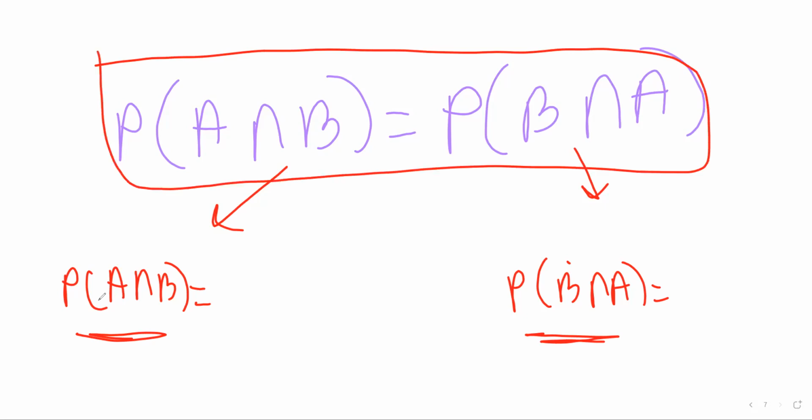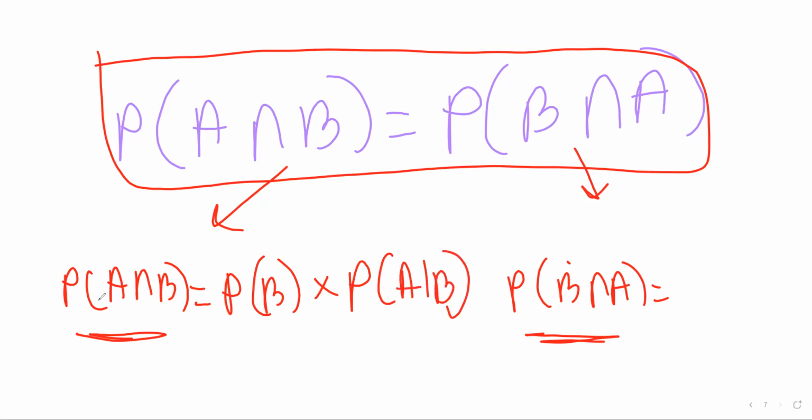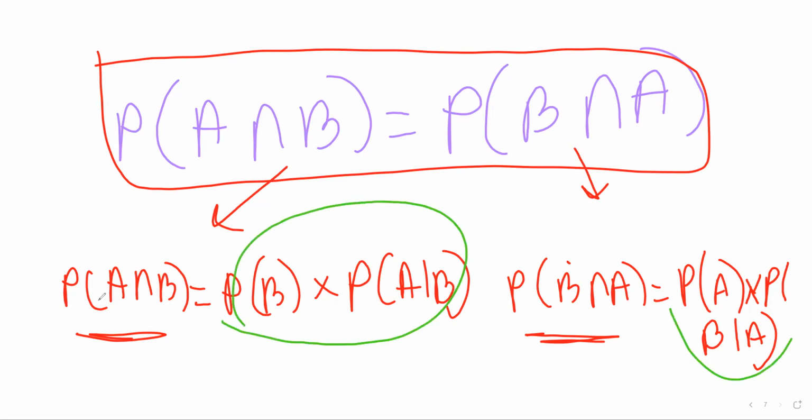We can say that it's probability of B into probability of A given B. So we can write this is equivalent to this, right?